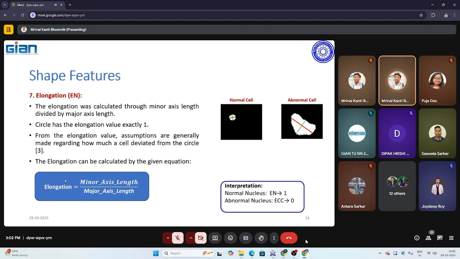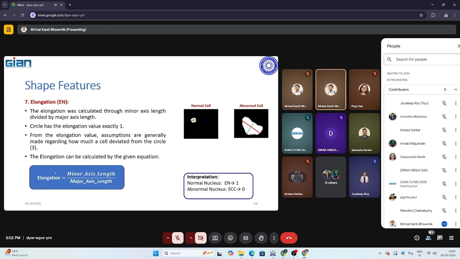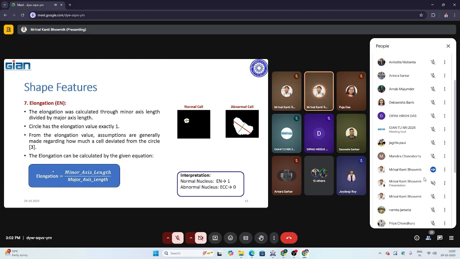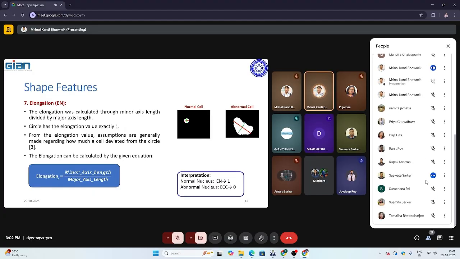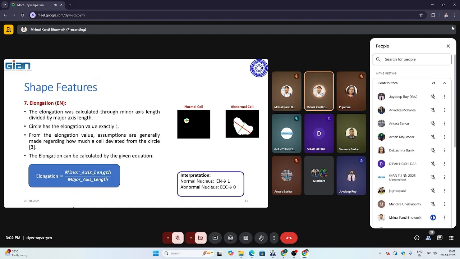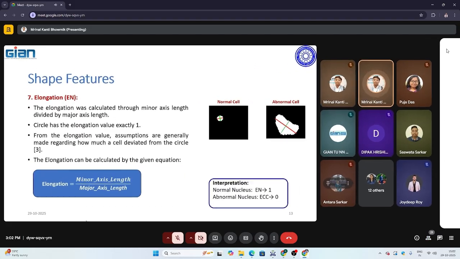The next shape feature is elongation. Elongation measures how stretched the nucleus is. It is derived from the ratio of the major axis length and the minor axis length.